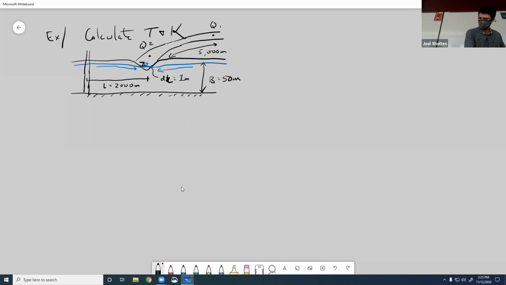All right, so we have 2 stream gauges, and at point 1, we have measured 2.355 cubic meters per second. And at the second stream gauge, we've measured 2.485 cubic meters per second. So we got a little bit of an increase, right?